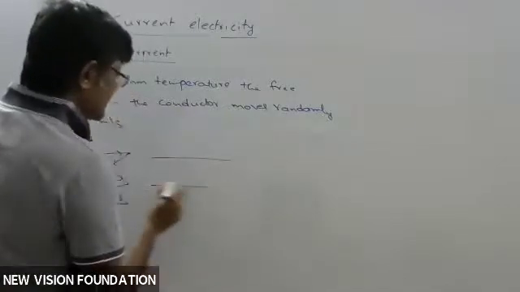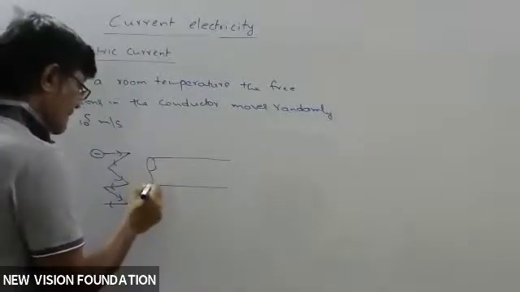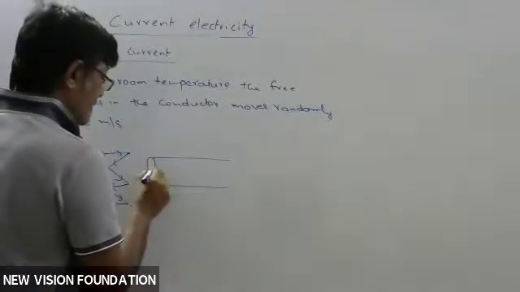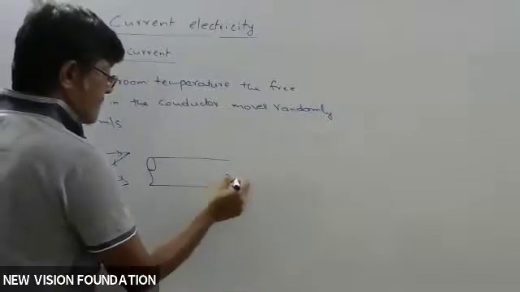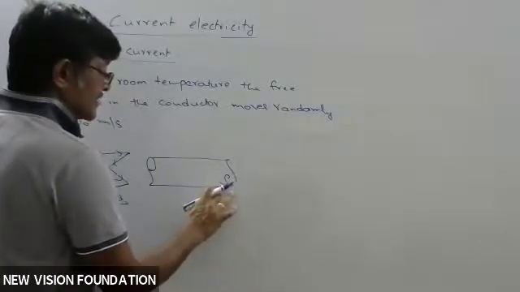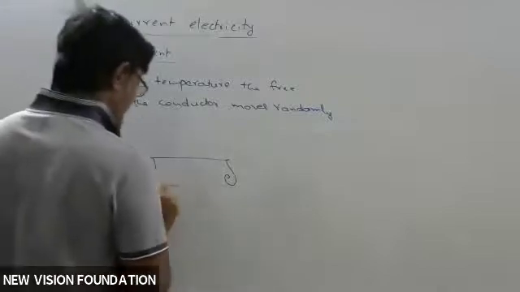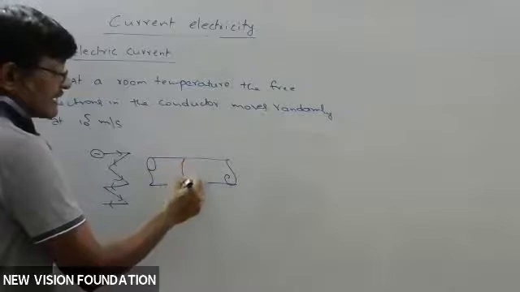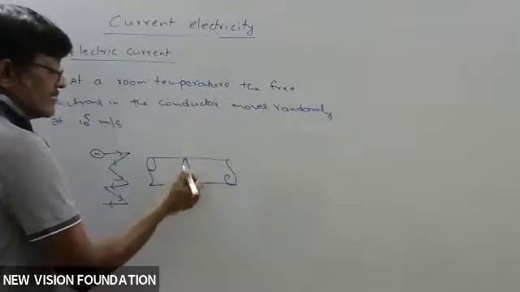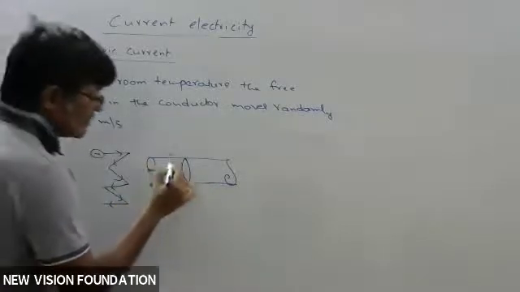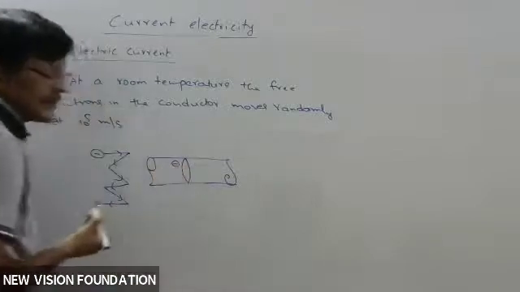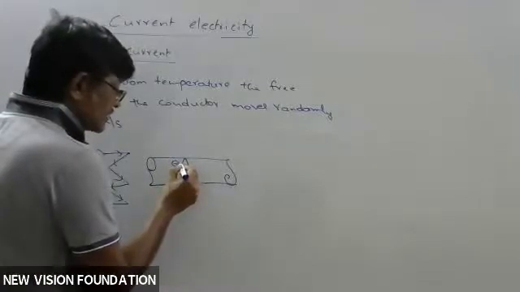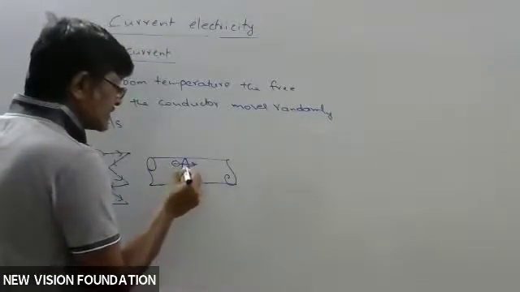Suppose this is a conducting wire, and this is an imaginary cross section. This is an electron which is very close to that imaginary cross section. Initially it moves in this direction, next like this.